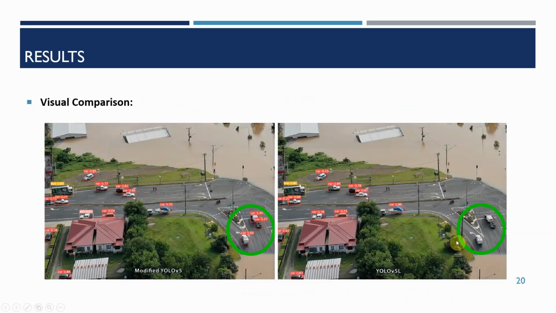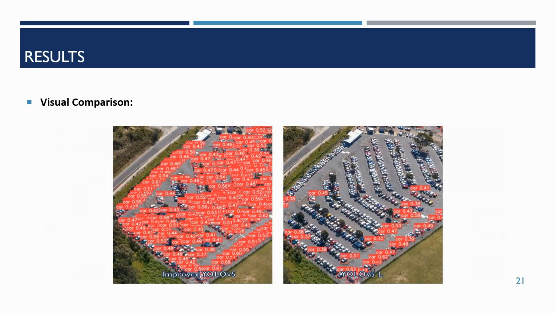This comparison shows that our model can detect vehicles in a real-world image better, especially in the corners of the image. And this image shows that it performs far better in situations where the objects appear very small, like in this real-world image.